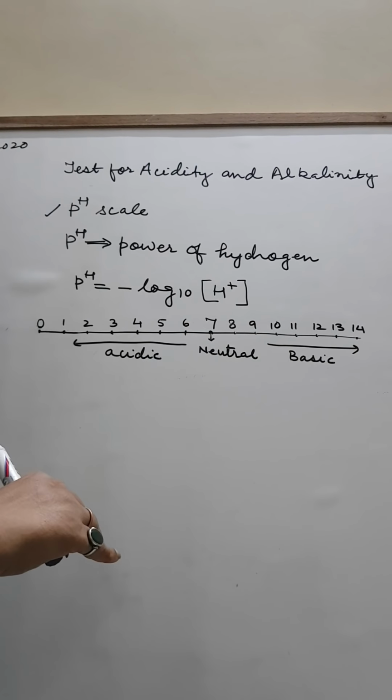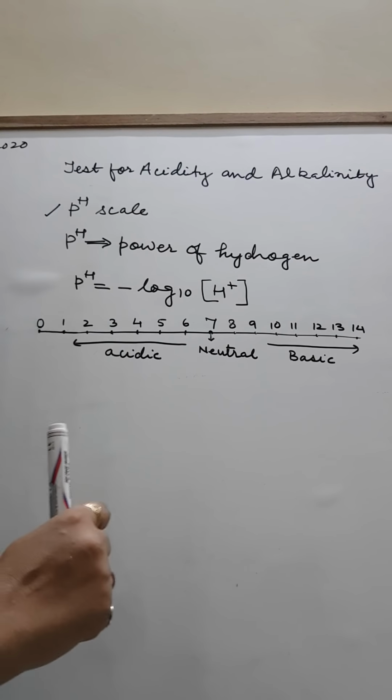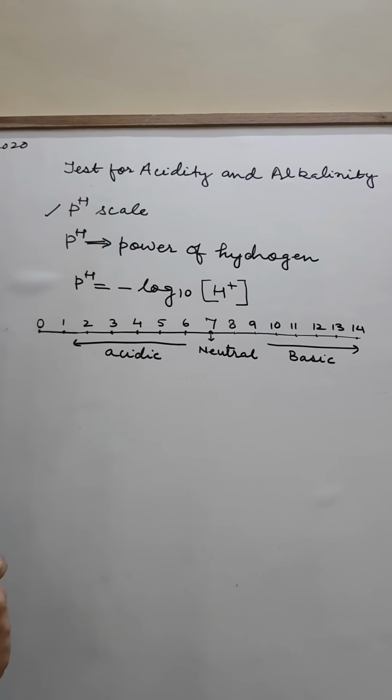So below 7 acidic, comma, in the same line write down: lower the pH, stronger the acid. Clear? Lower the pH, I am waiting, write down, stronger the acid.